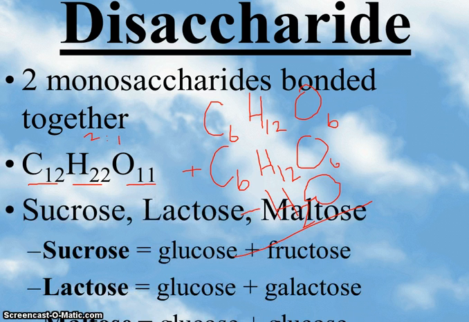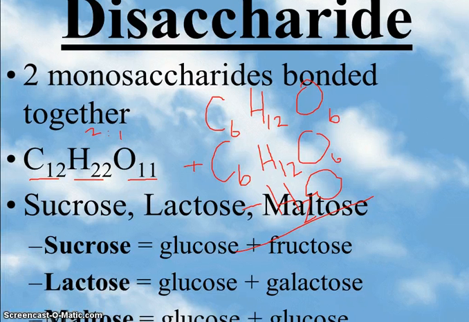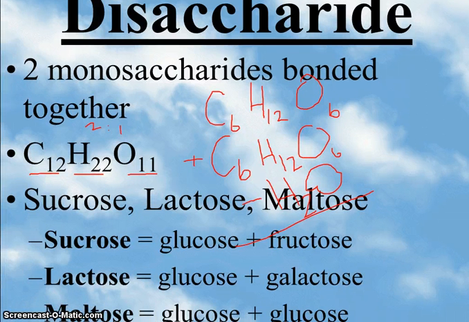Now, we do have sucrose, lactose, and maltose. You have to know what each one is made up of. Each of them contains at least one glucose. Sucrose is made up of glucose plus fructose. Lactose is made up of glucose plus galactose, and I'm sorry it has been cut off here. We do have maltose equals glucose plus glucose.